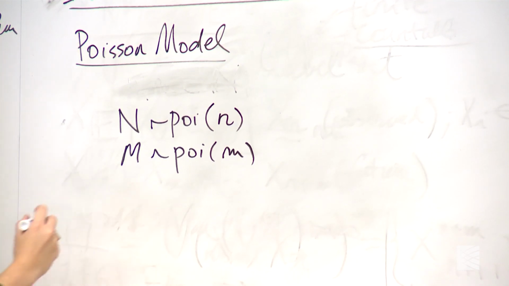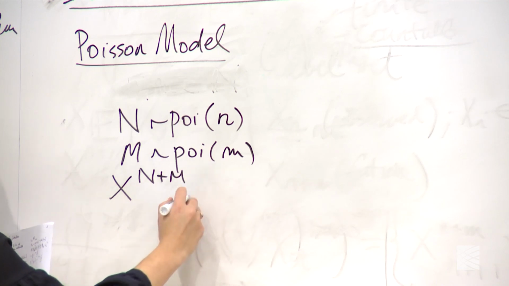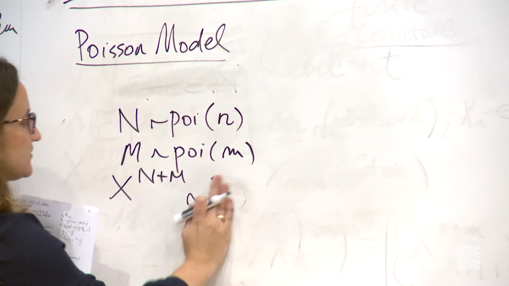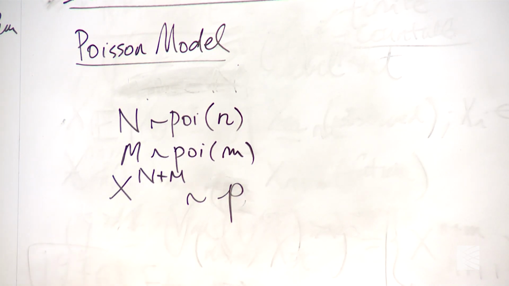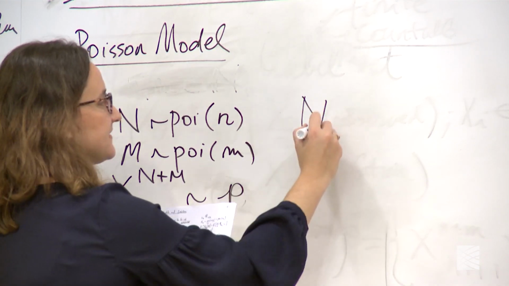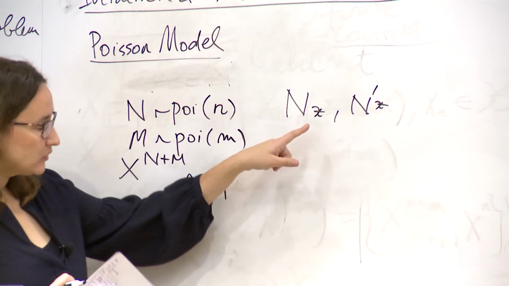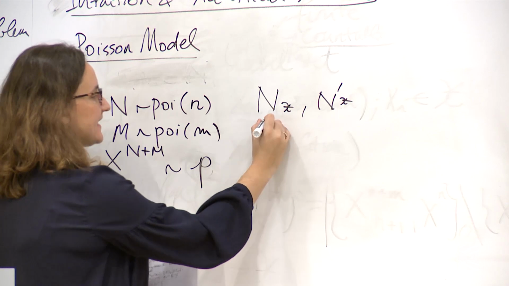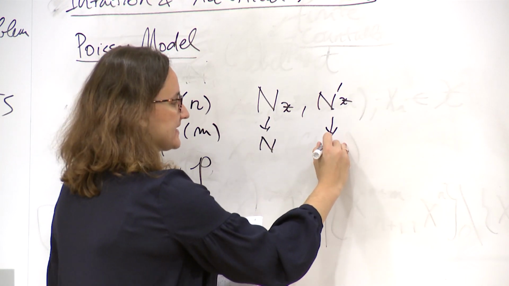Basically, we're going to observe n plus m samples from an unknown distribution P, which is a probability distribution over the alphabet space. We say n_x and n'_x are the multiplicities of a label x in the first n samples, and in the next m samples, respectively.